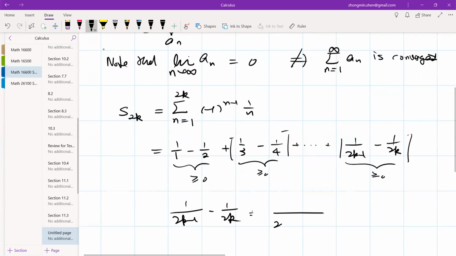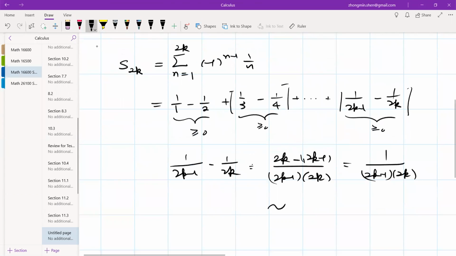Combine them: 1 over (2k minus 1) minus 1 over 2k. So the numerator is just 1, and the denominator is (2k minus 1) times 2k, which is almost equal to 4k squared. So it decays pretty fast.